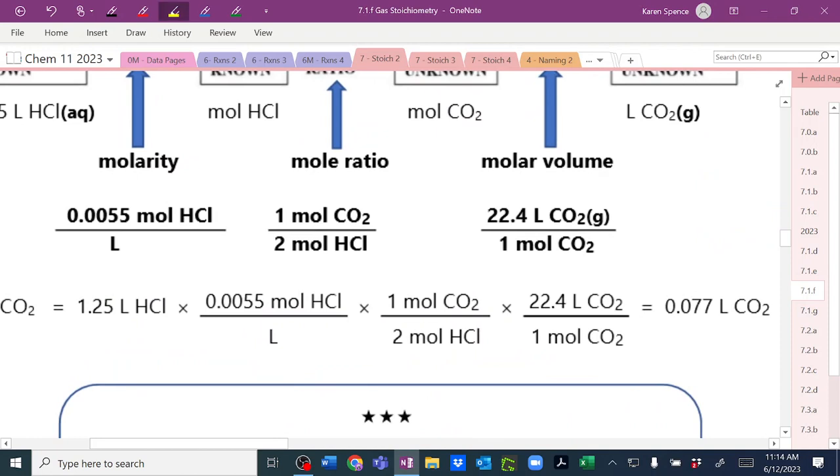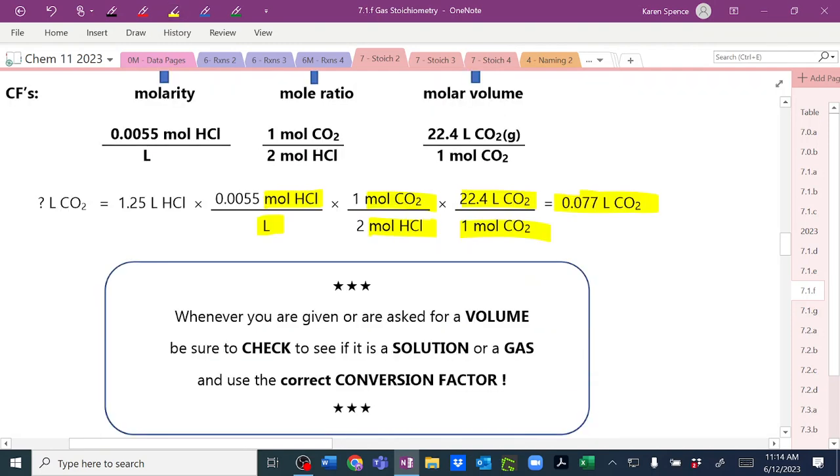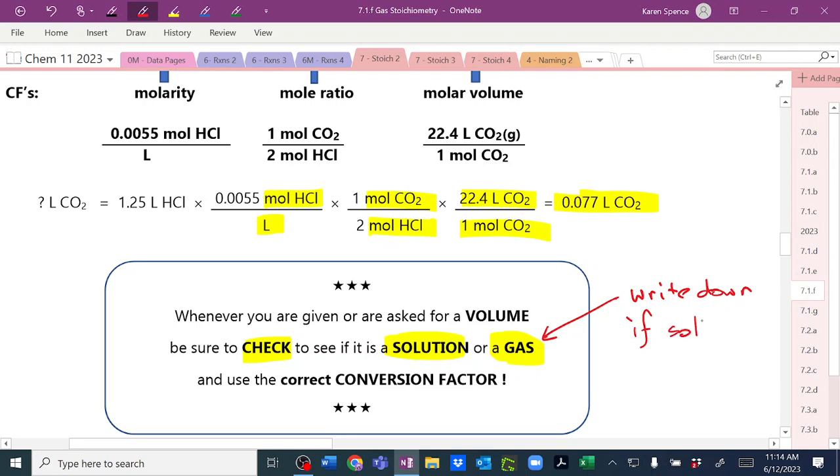We have our moles per liter, there's our concentration, molarity, there's our mole ratio from the balanced equation, and there's our 22.4 liters per mole, and we get that. Whenever you are asked or given a volume, be sure to check if it is a solution or a gas, and even better, write down if it is a solution or gas.